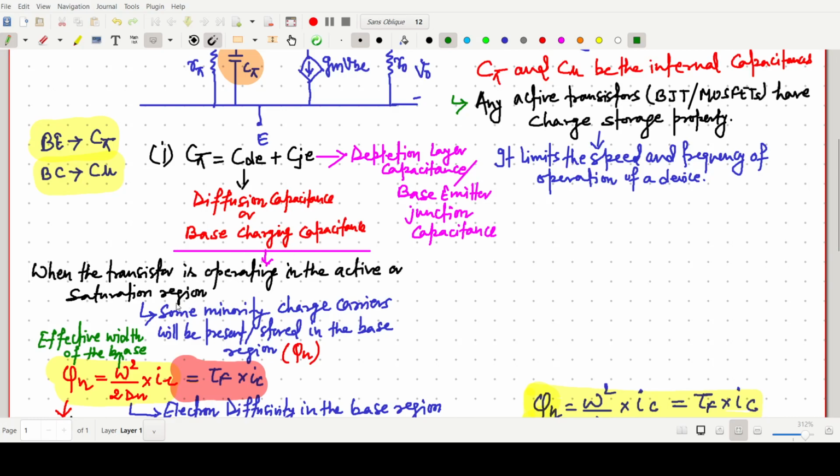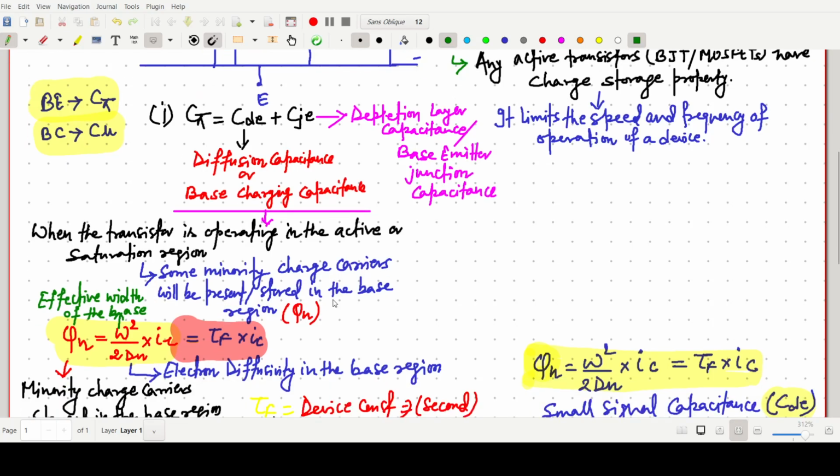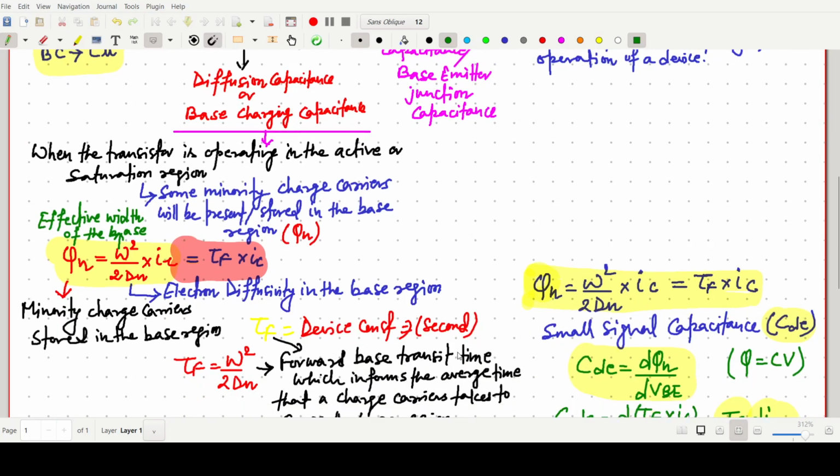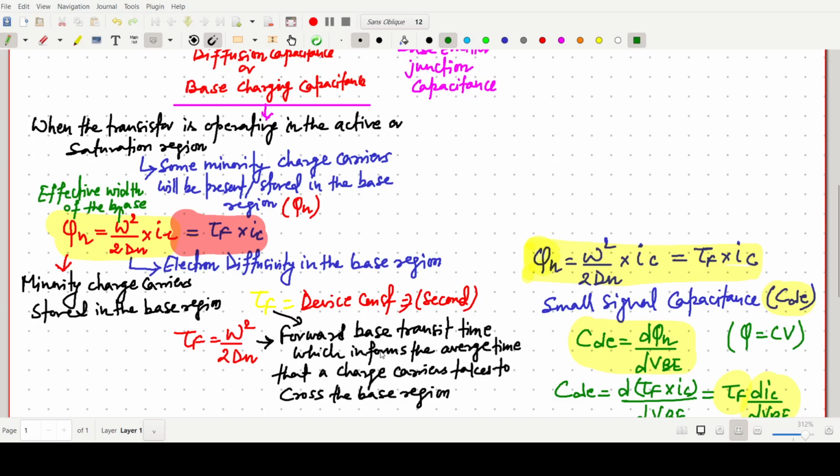So the minority charge carrier stored in the base region is defined as Qn equals to W square by 2Dn into IC, or tau f IC, and tau f is some device constant, or we can say the forward base transit time. So the forward base transit time informs the average time that a charge carrier takes to cross the base region.